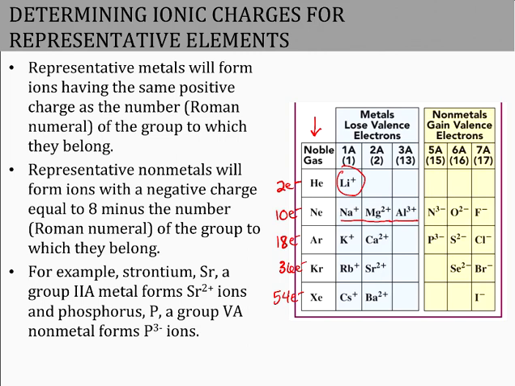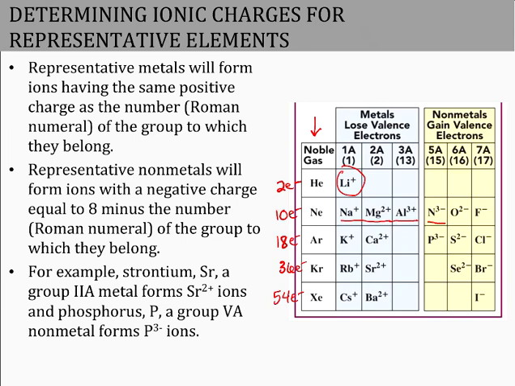Now, if we look at the row 2 elements, nitrogen normally has 7 electrons and 5 valence electrons. So nitrogen just has to gain 3 electrons in order to become like neon. So it would end up with a 3 minus charge.